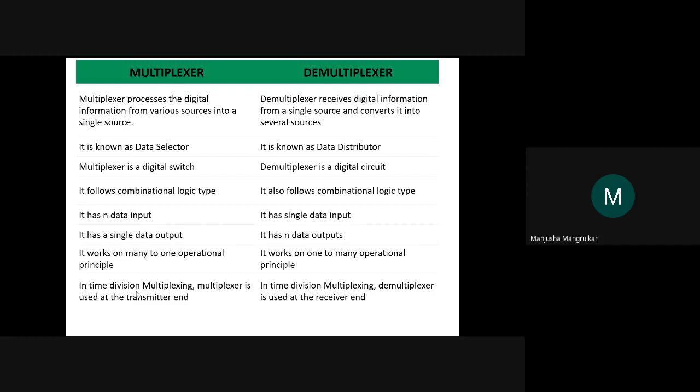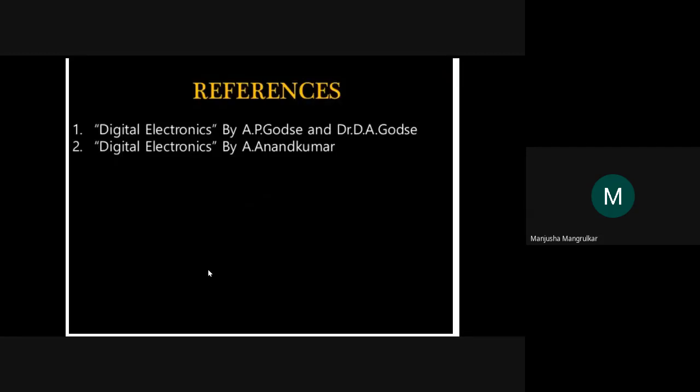In time division, the multiplexer is used at the transmitter end, and the demultiplexer is used at the receiver end. Mostly multiplexer and demultiplexer are used in digital data communications, where there is a transmitter and receivers. So these are the references, and thank you.